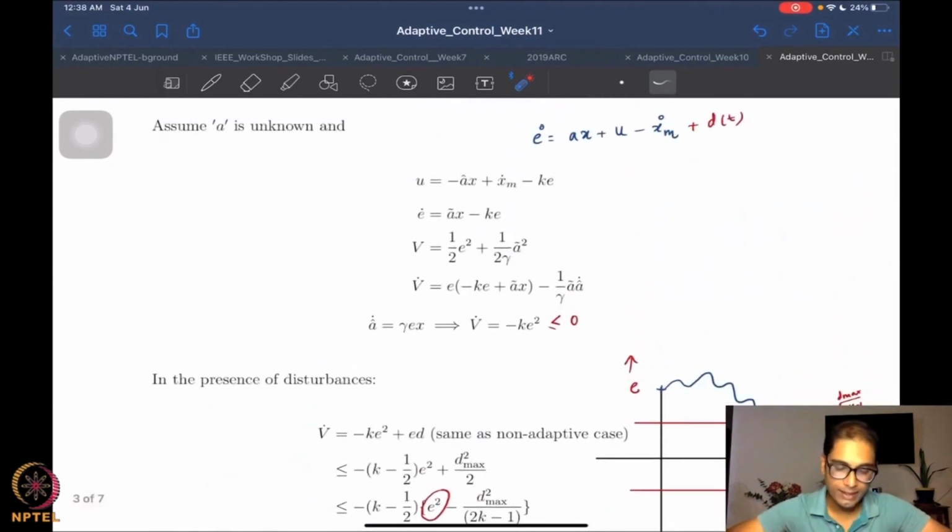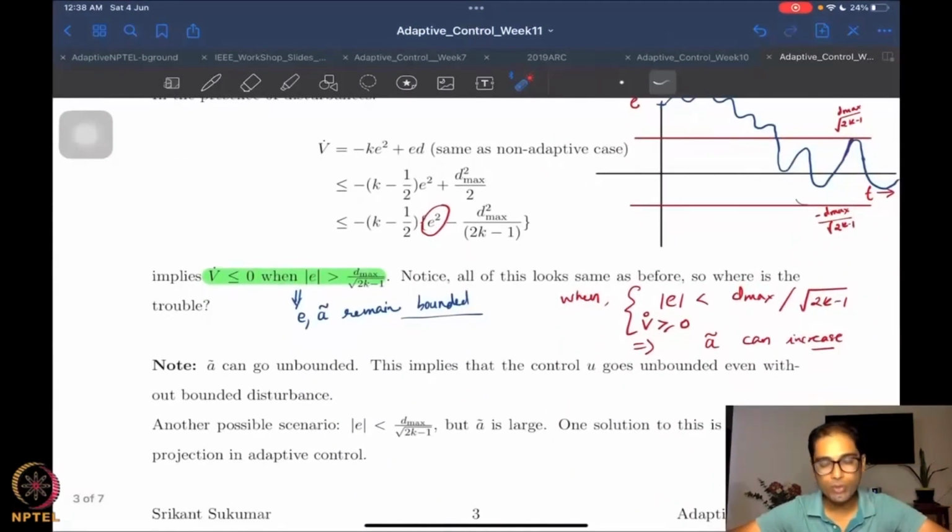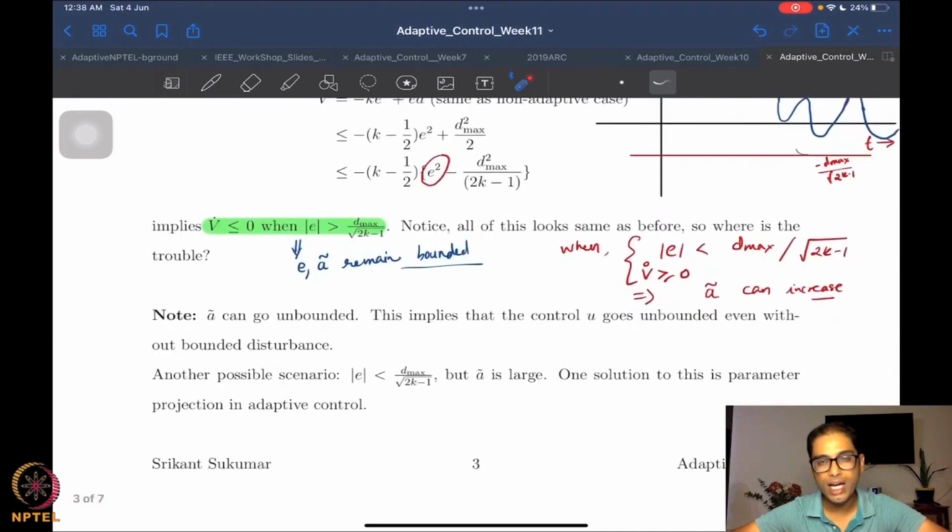And since this parameter estimate enters the control expression, your control will also become unbounded, right? And this is one of the most undesirable properties of adaptive control. This is one of those reasons which really restricted the growth of adaptive control in the 80s and 90s, of course. And so what we want to know is how to get rid of this explosion of parameter value issue.